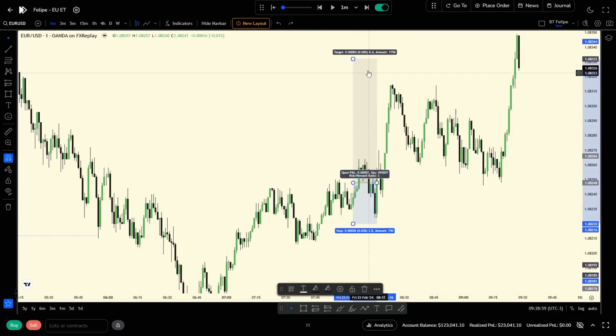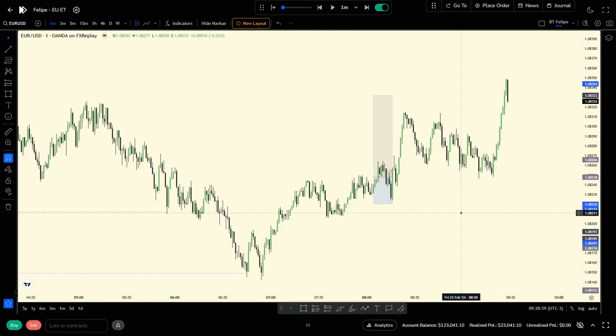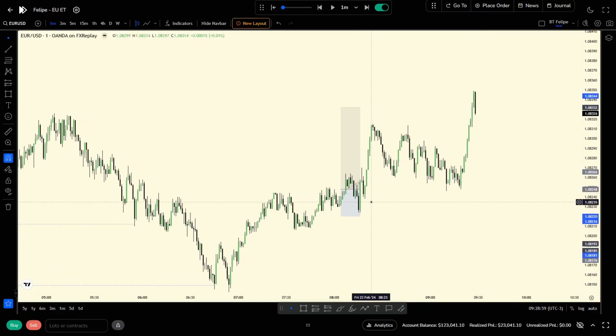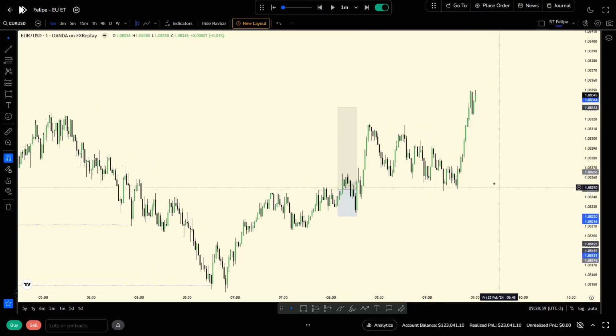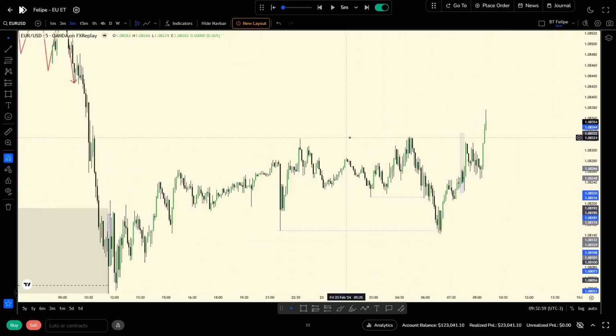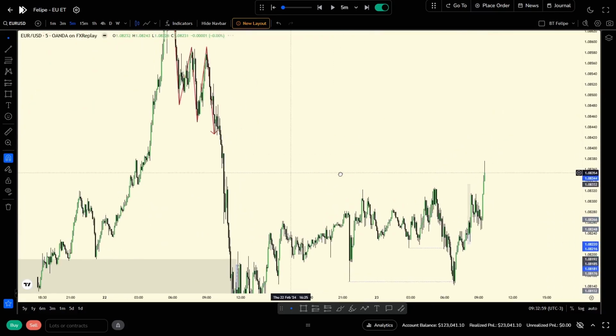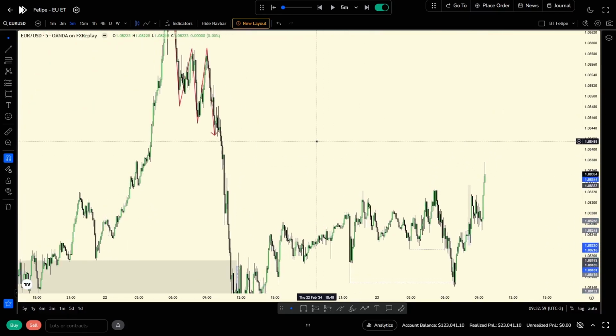Unlucky. No other longs. No other BOS. And I can only see the supply area here.